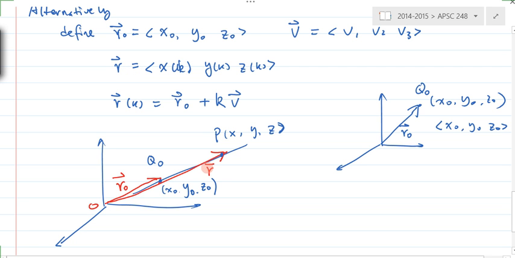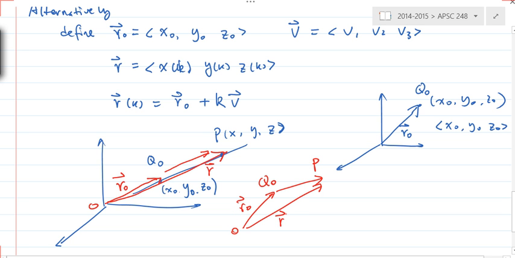R. It's not V. And then, if you look at the expression here, look at this R. If I draw Q naught to P, it's actually a triangle. So this is Q naught, this is P, this is O. This is R naught, this is R.